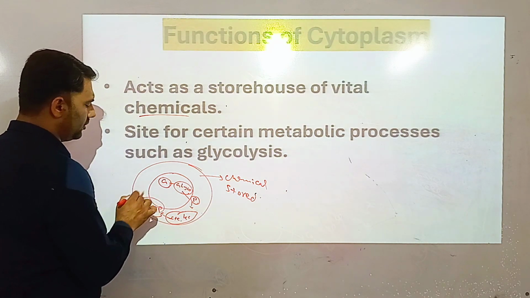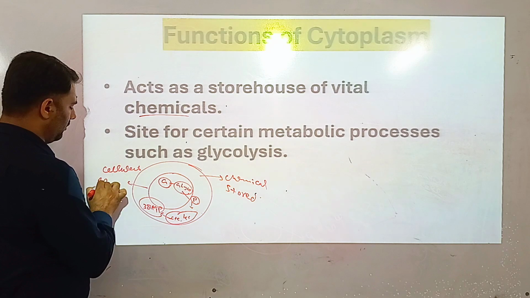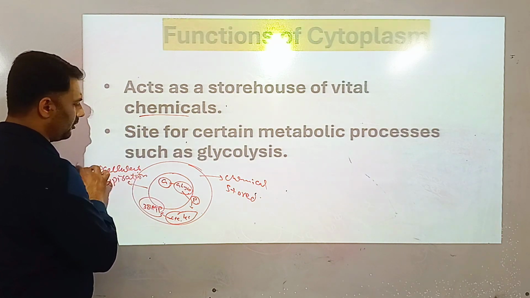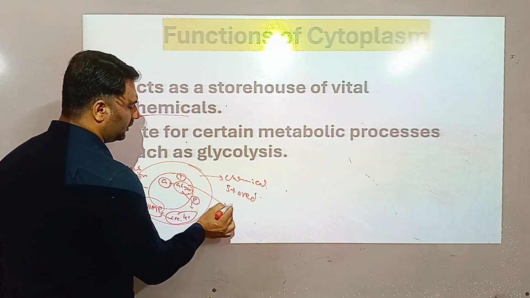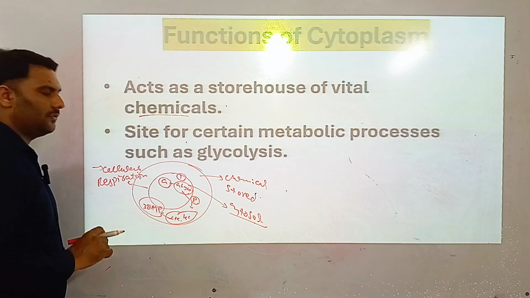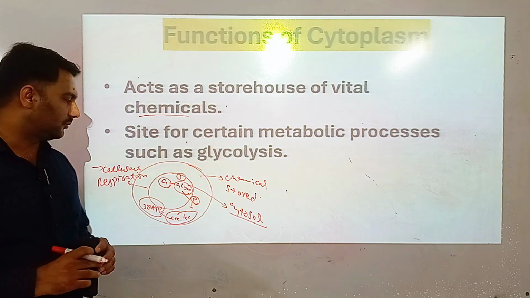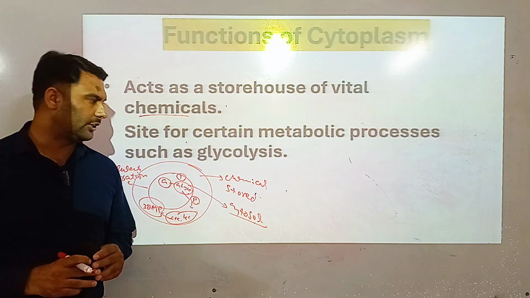This whole process is known as cellular respiration. The first step of cellular respiration is glycolysis, which takes place in the cytosol. This is a very important point. This MCQ has been asked multiple times: glycolysis takes place in which region of the cytoplasm?